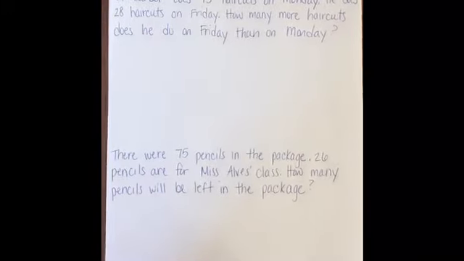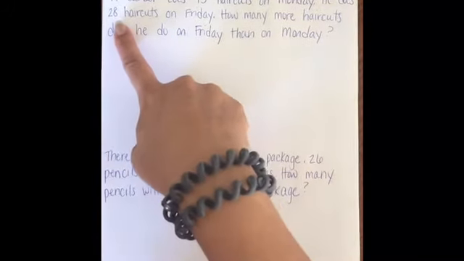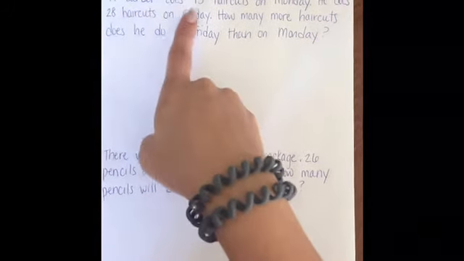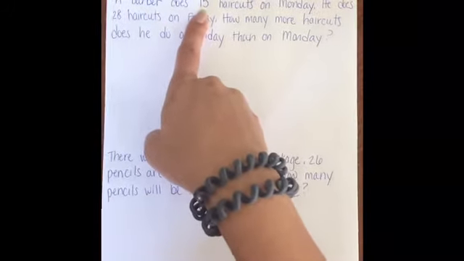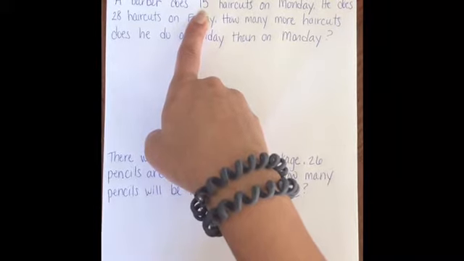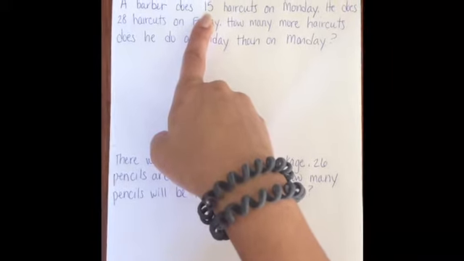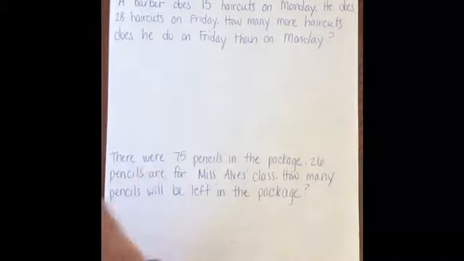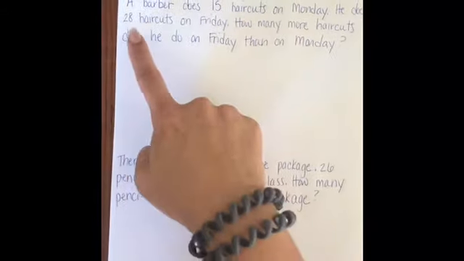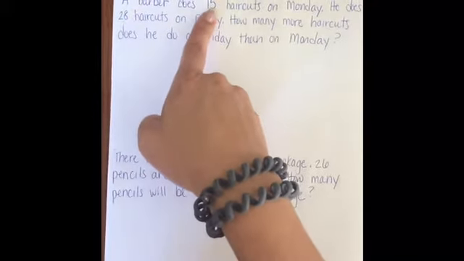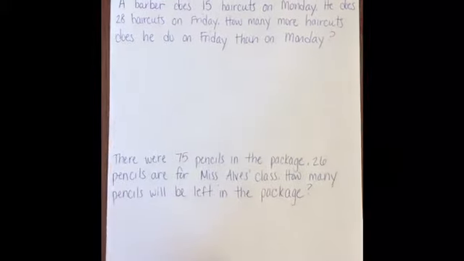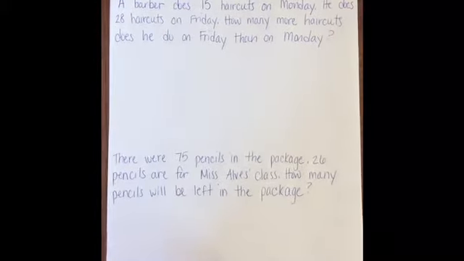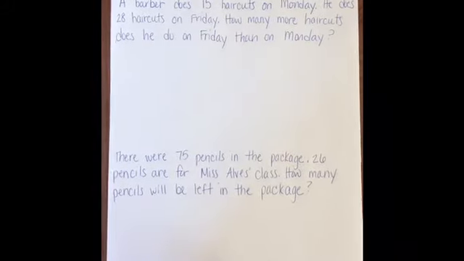So if I want to find out how many more happened on Friday, I need to take away the 15, which were the same as the haircuts on Monday, and that will be able to tell me what's left, how many more. So I want to find the difference between 28 and 15. And when I'm thinking about the difference of two numbers, I need to subtract.